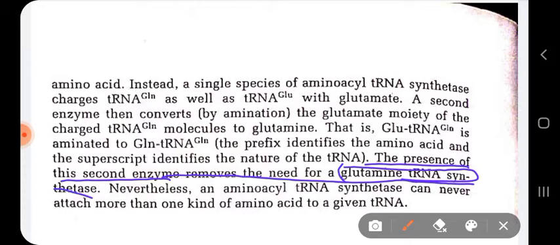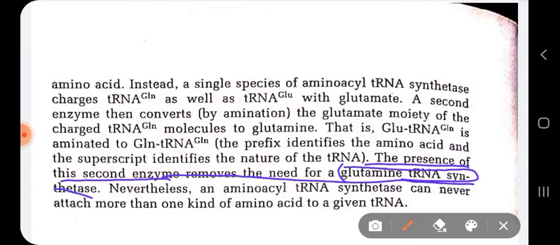So with the help of glutamate tRNA synthetase, they charge glutamate into the tRNA, which is for the glutamine. The second enzyme then converts that glutamate into glutamine. So thus the need for the glutamine tRNA synthetase is eliminated.